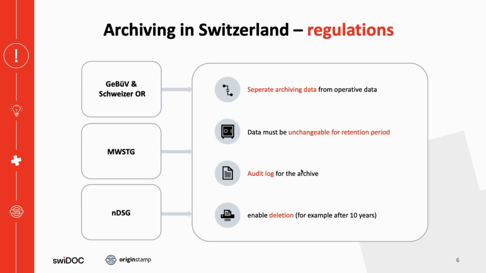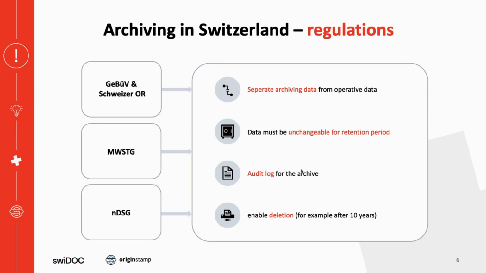So second, the data I store should be unchangeable for the retention period. What does that mean? If I store a file locally on my computer or somewhere in a cloud or on a NAS, it doesn't really matter. The problem always is that anyone with access to that storage can simply change or delete this file.